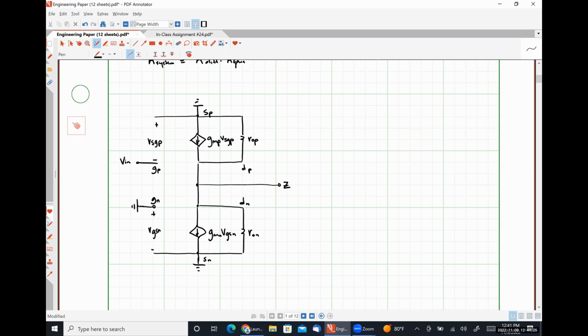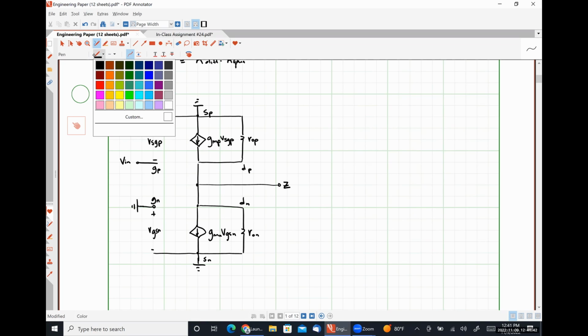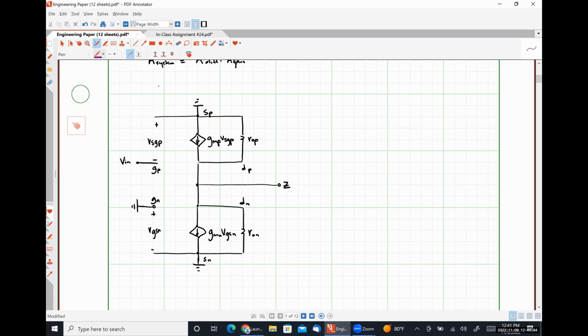So this is what our mid-band model would look like, because this one isn't going to be as terrifying as what we were dealing with on Monday. I'm going to go ahead and include our high frequency capacitors, and we're going to figure out how this thing works all in one shot. So I'm going to put my high frequency capacitors in purple.